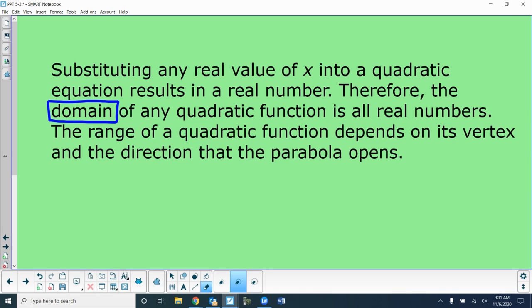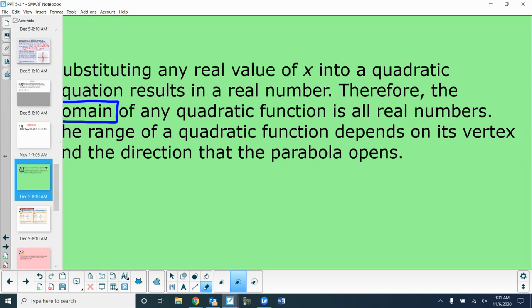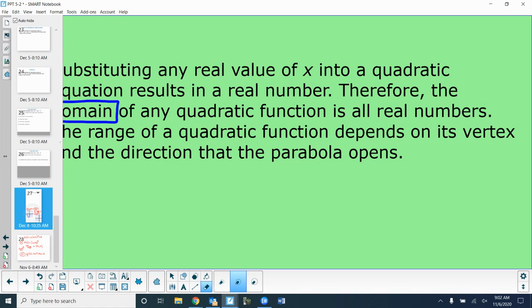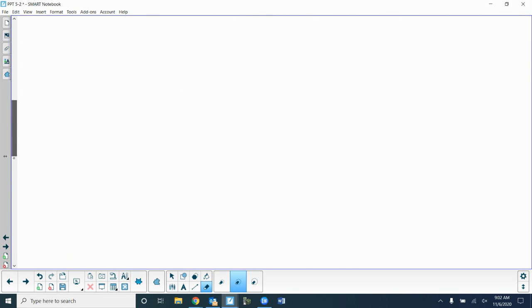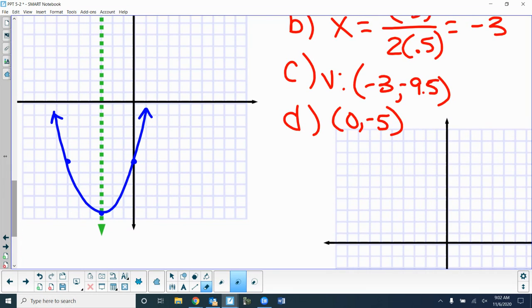The range, which is the y, that's this way, right? Of a quadratic function depends on its vertex and the direction that the parabola opens. So if it opened up like this one we just got done doing, the range is from this point, the y values from here, which way?